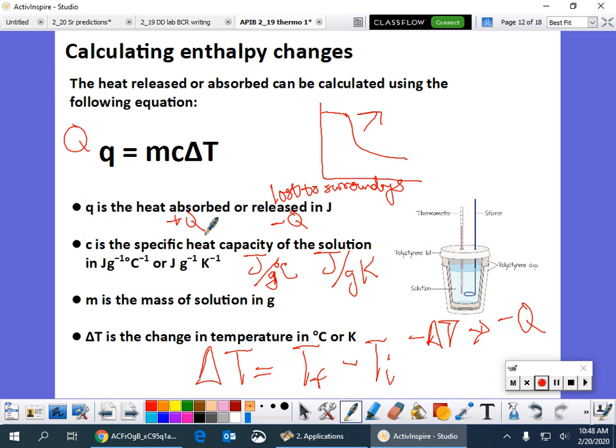Our negative Q is going to be heat absorbed. Our positive Q is going to be heat released. That's going to be positive. Sorry. Okay, that makes more sense.